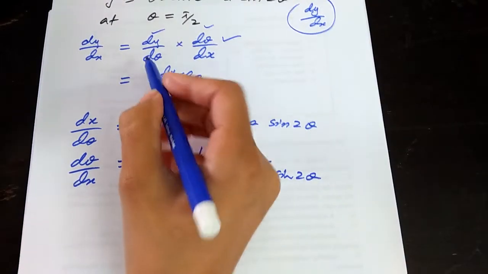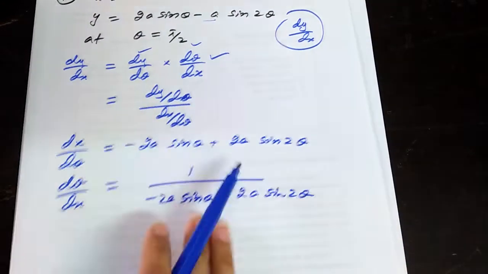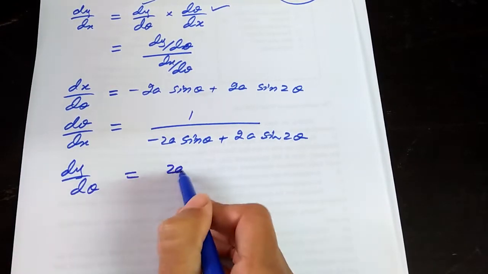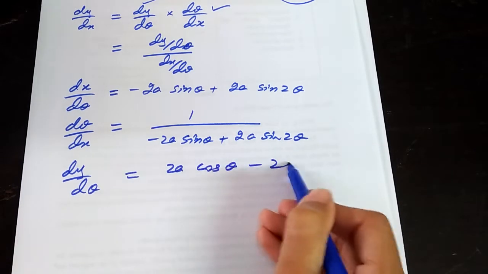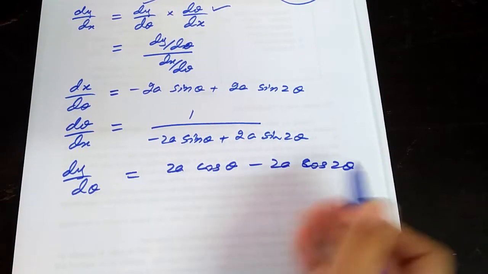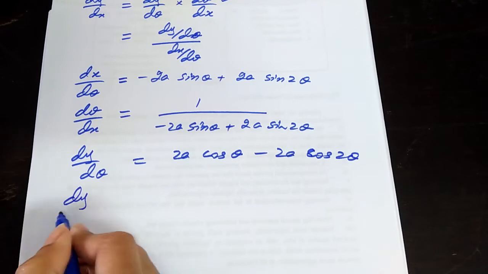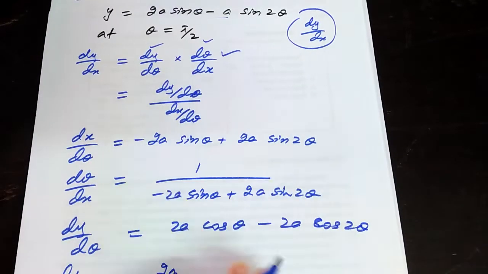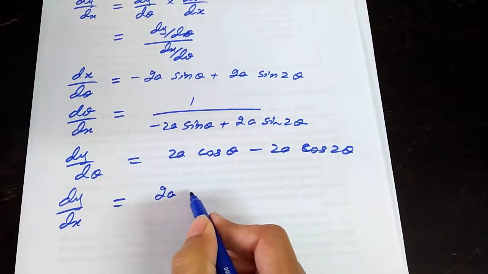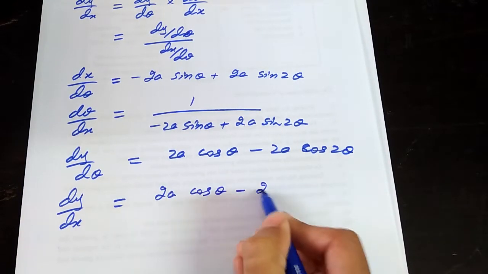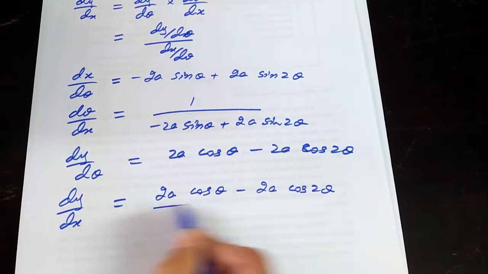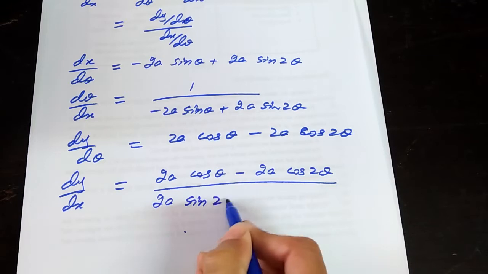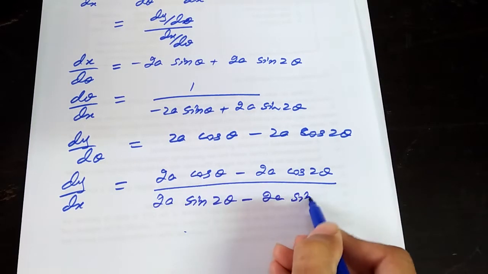Now we need dy by d theta, so differentiate this one with respect to theta. We will get dy by d theta equals 2a cos of theta minus 2a cos of 2 theta. Now my dy by dx will be equal to, putting the values here, 2a cos of theta minus 2a cos 2 theta divided by 2a sine 2 theta minus 2a sine of theta.